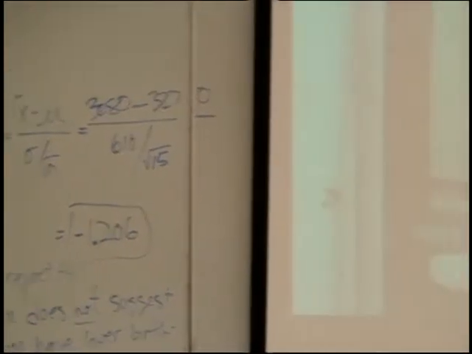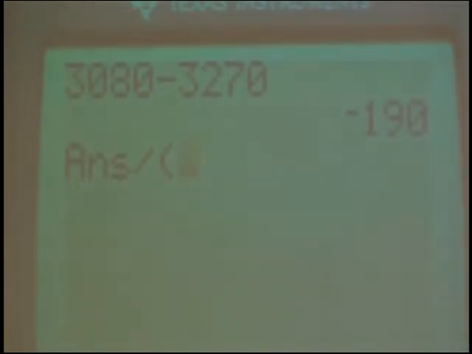So I would go 3080 minus 3270. Yeah, it's definitely an order of operations thing. And then go divided by, and you want to group your denominator. So you've got 610 divided by root 15, was it? Close the root, close the denominator. So be careful with that, the double paren there. And there you go.